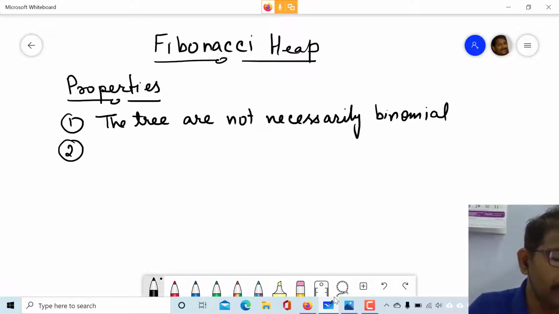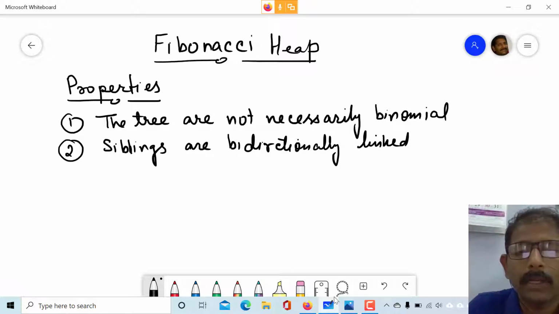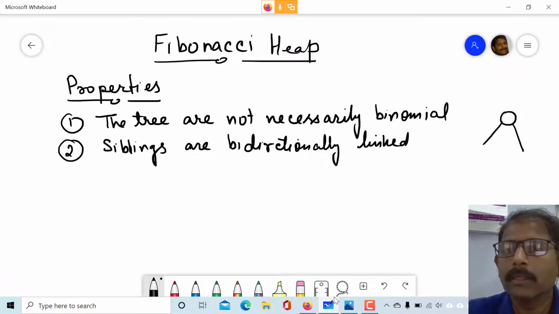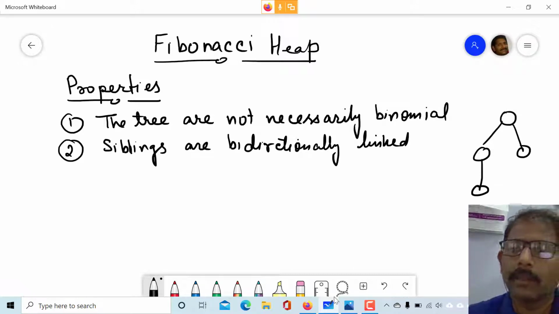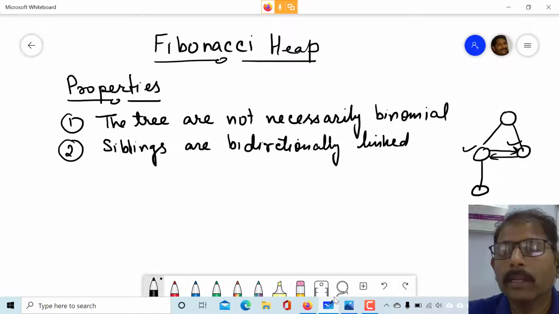Second property: siblings are bidirectionally linked. What does it mean? If you remember the binomial heap, the structure was of this type. This is a binomial heap. If this is a Fibonacci heap, then this node and this node are siblings, and these two nodes are bidirectionally connected in cyclic order.